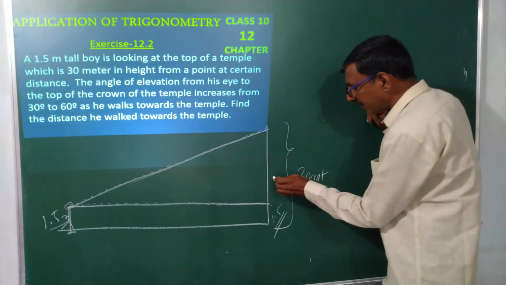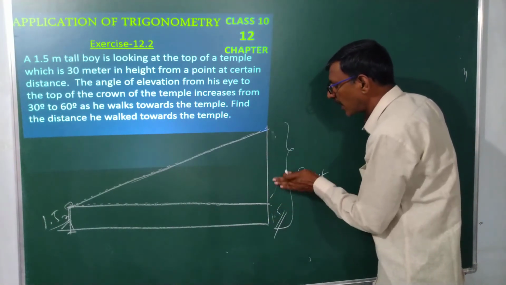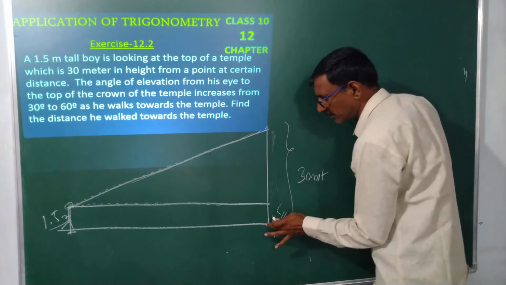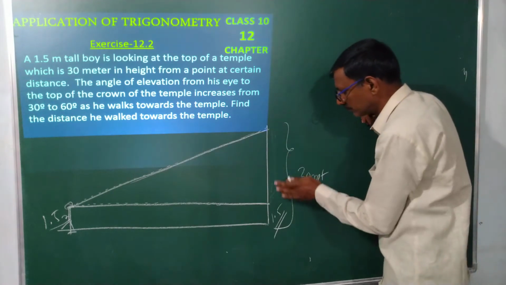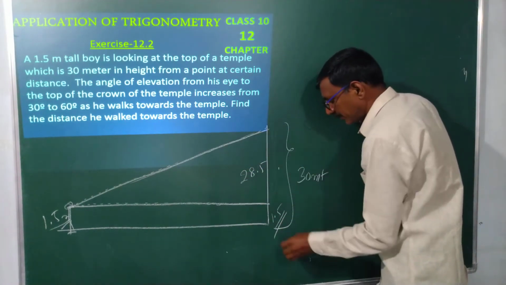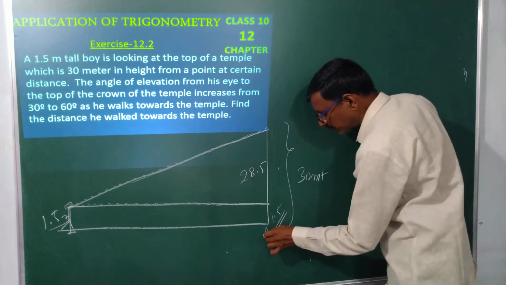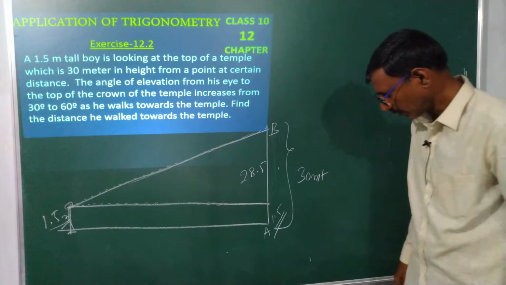So the remaining height is required to calculate the distance between the boy and the temple: 28.5.